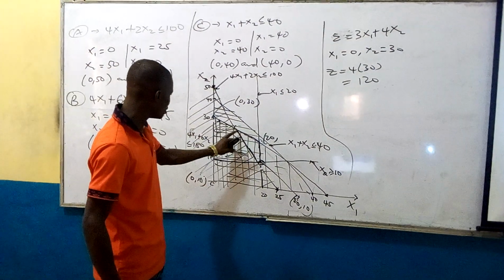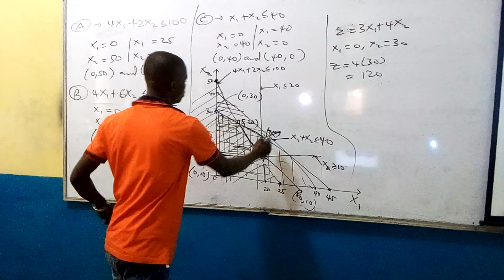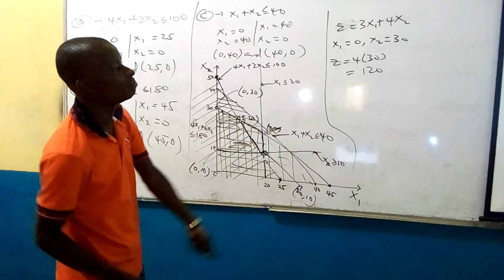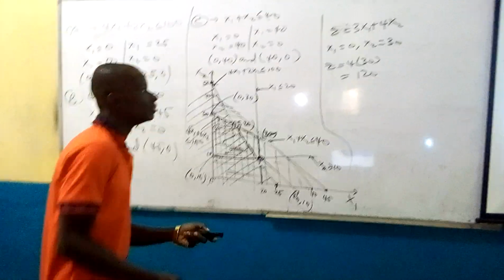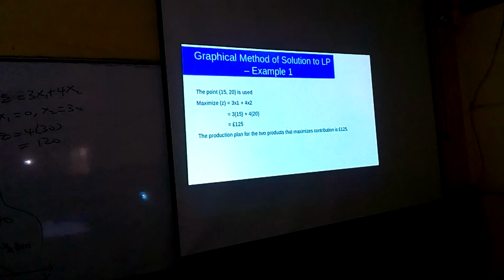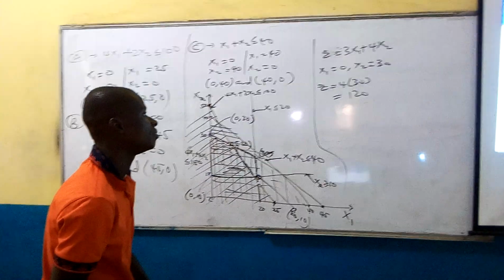So you substitute all of them, the one that gives the maximum. So 15 and 20 give that, and our optimal value is 125.